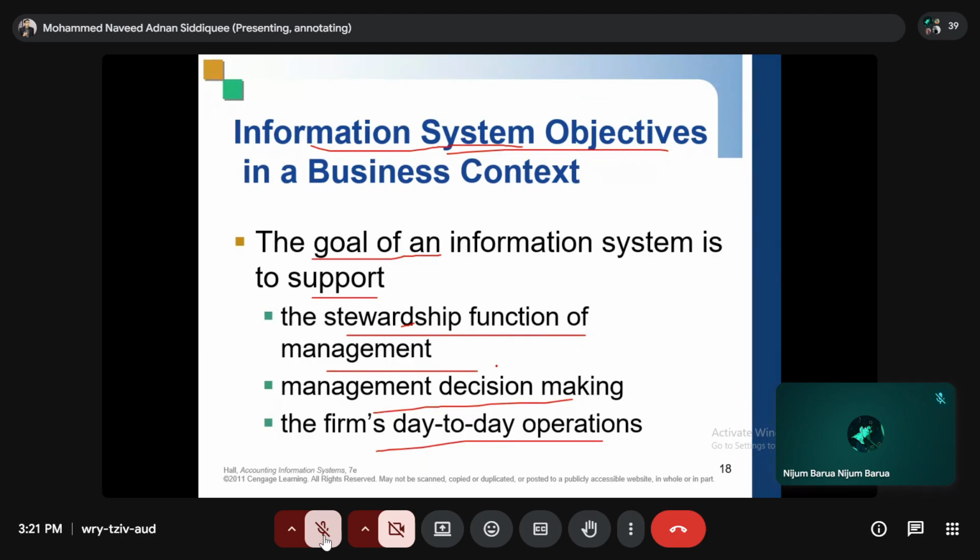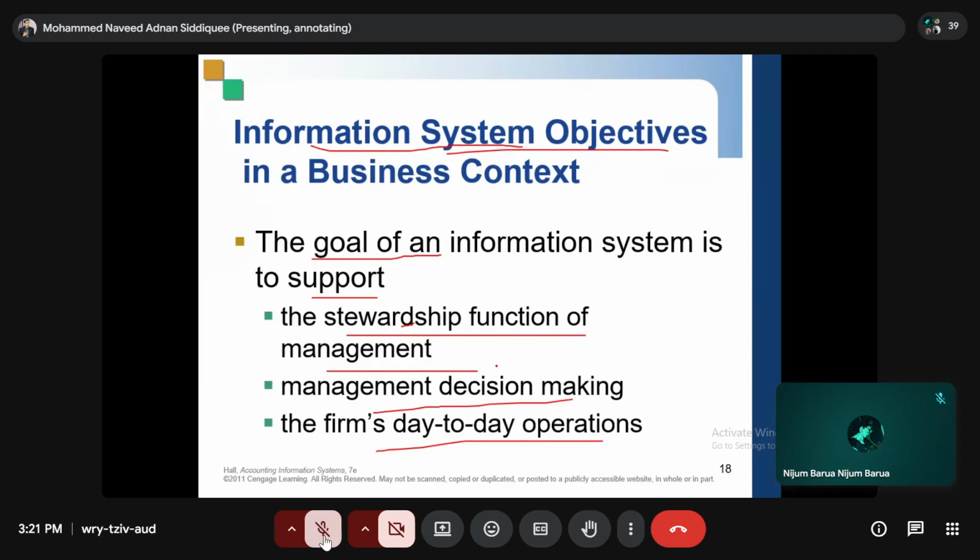Right, let me explain. It basically says that the owners of the business are not managing the business in most of the cases, right? So for example, the shareholders of Grameenphone are not in the management of Grameenphone. So they have given the stewardship of the resources of the company to the managers. And this is called the stewardship function.